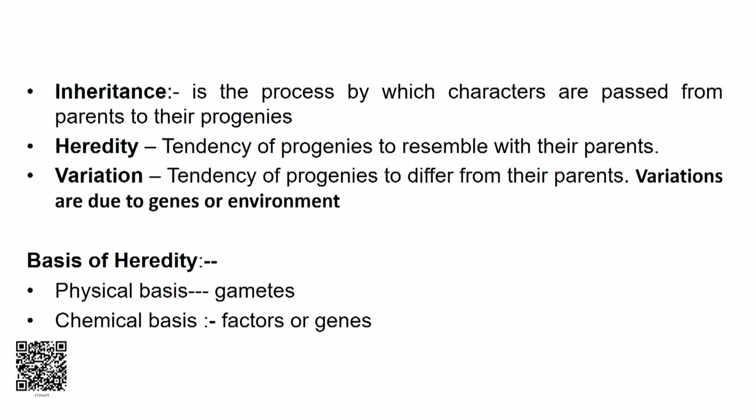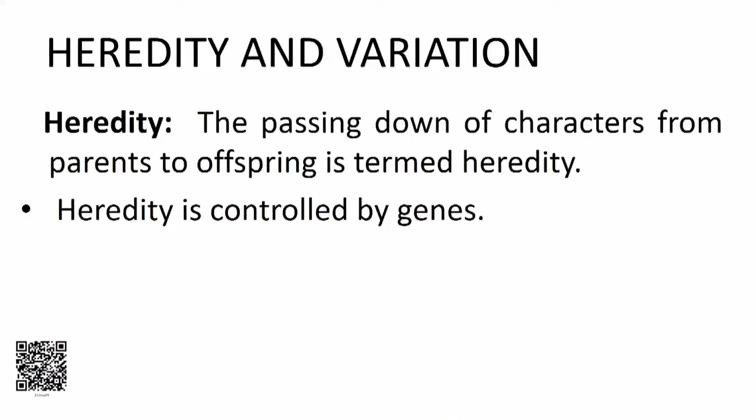So we can say the basis of heredity is the physical basis, that is the gamete, and the chemical basis, that is the factor or genes. Heredity is the passing down of characters from parents to offspring, and it is controlled by genes.